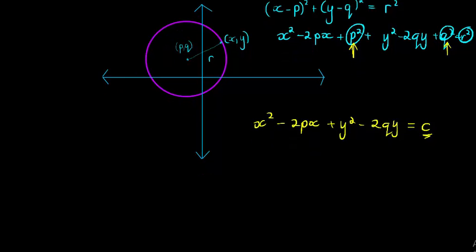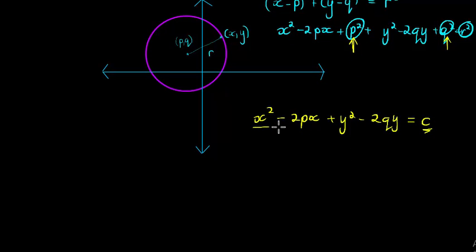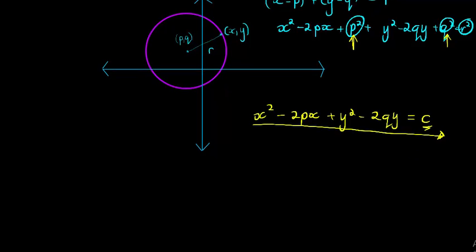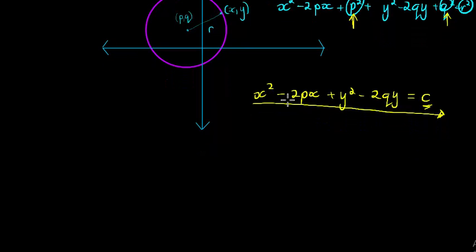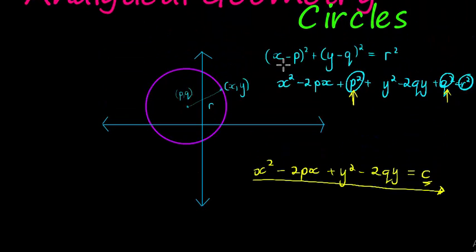So if we're given a formula like this and asked to find the center and the radius, we'll first have to write it into this format. That's not so difficult. All we need to do is complete the square. Do you remember how to complete the square?